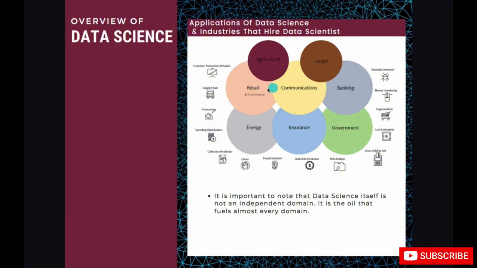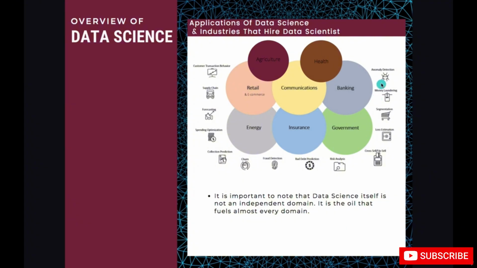As you can see over here, in agriculture, health, banking, government, insurance, energy, retail, e-commerce, communications, everywhere, every industry that you can think of, data science is being applied. And there are a lot of use cases that make data science more prominent in the industry.